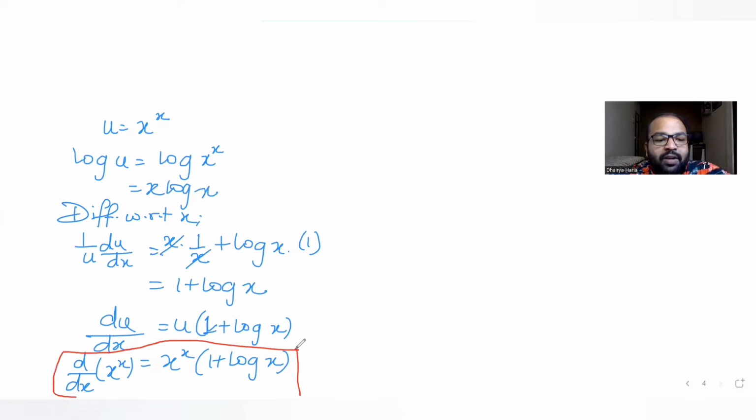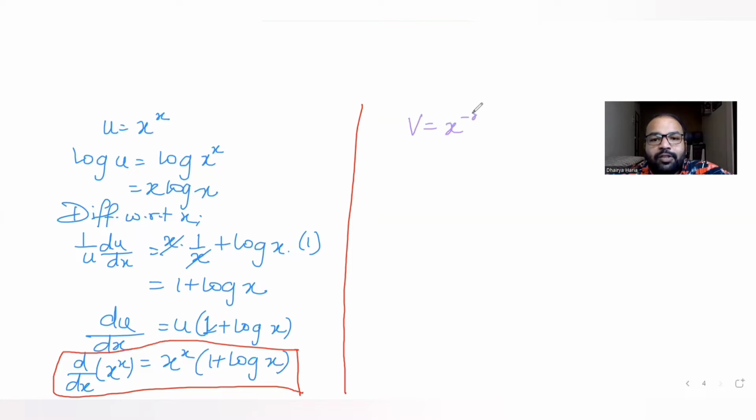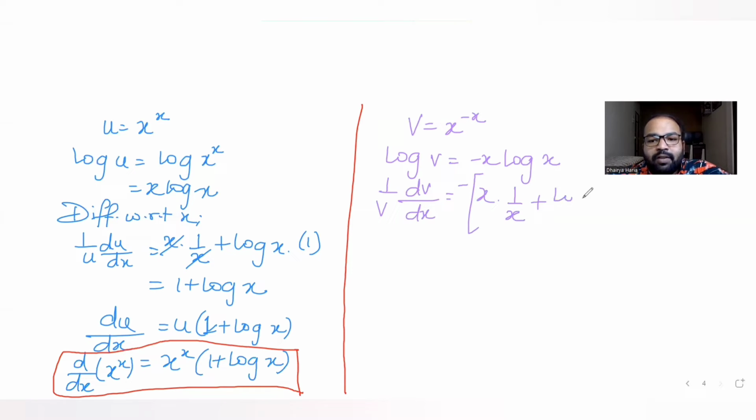Now let's find the derivative of the other function also, that is x^(-x). Let's take v equal to x^(-x). Again, applying log on both sides gives me log v equal to -x log x, and differentiating, 1 by v into dv by dx. If I differentiate that, I get 1 by v dv by dx equals minus, taking x log x, derivative of x is 1 and of log x is 1 by x, so log x into 1.